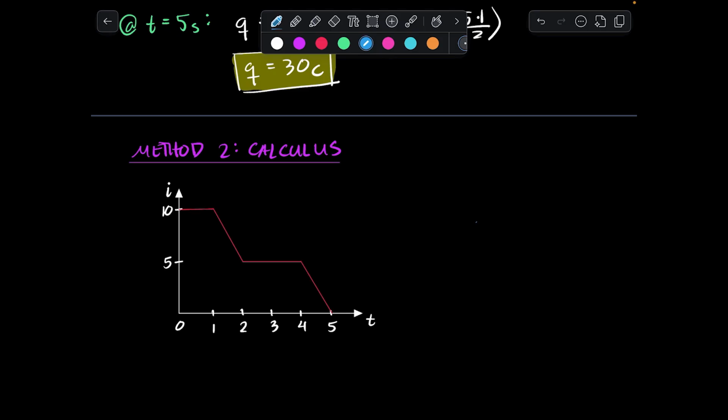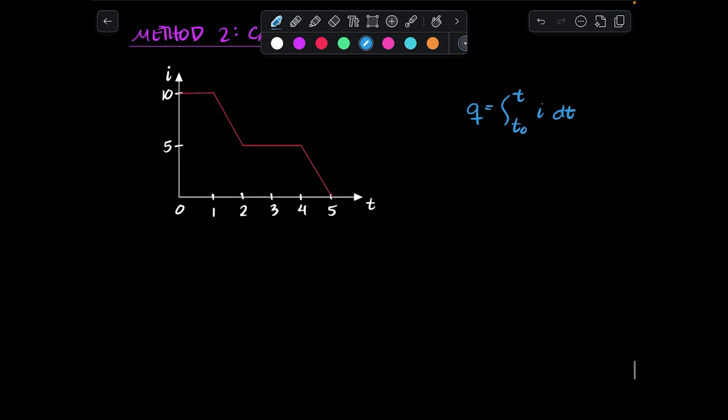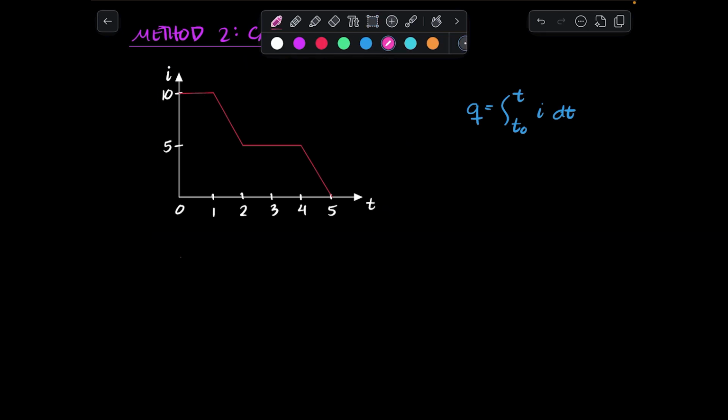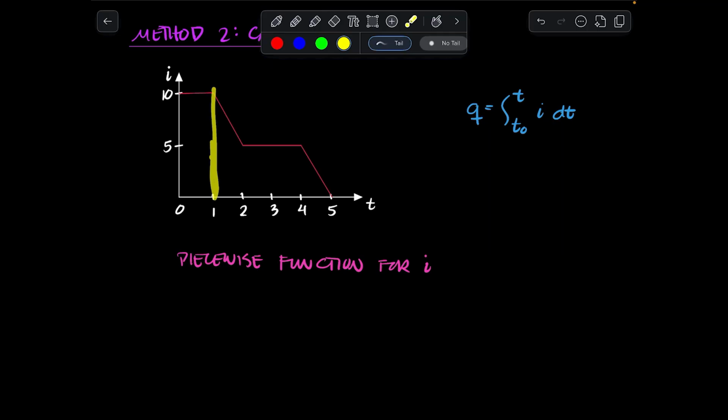So we'll be referring to this formula here. The first thing we're going to do is find the piecewise function for I. And we're going to do that using the different intervals.